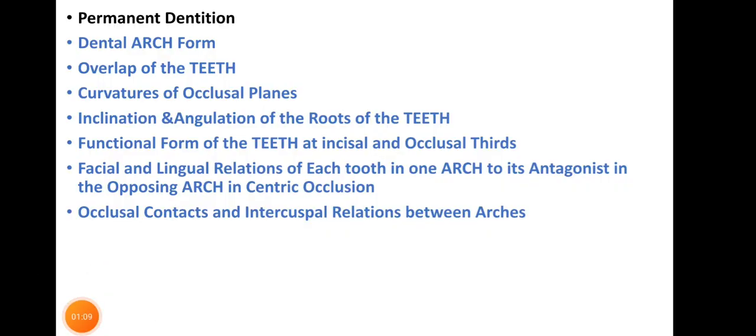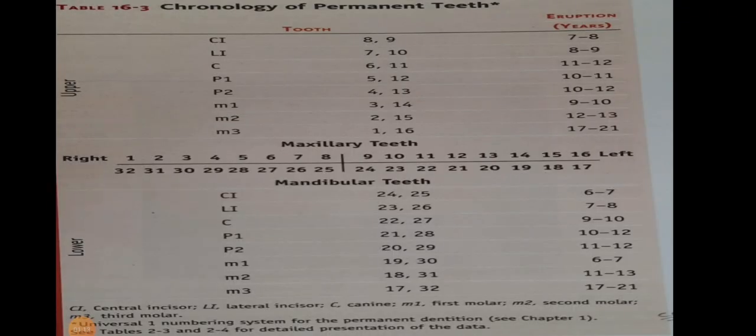The most common sequences of eruption in the maxilla are 6, 1, 2, 4, 3, 5, 7, 8 and 6, 1, 2, 4, 5, 3, 7, 8.